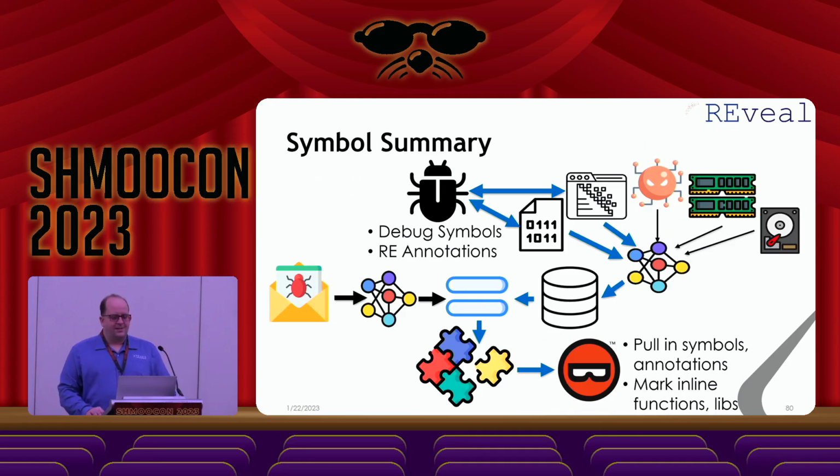Another benefit is by getting rid of that fuzzy matching step, we are directly matching the individual features. We can actually trace back the offsets in the original binaries that we were matching, and potentially those might have debug symbols or reverse engineering annotations that you might have already done.